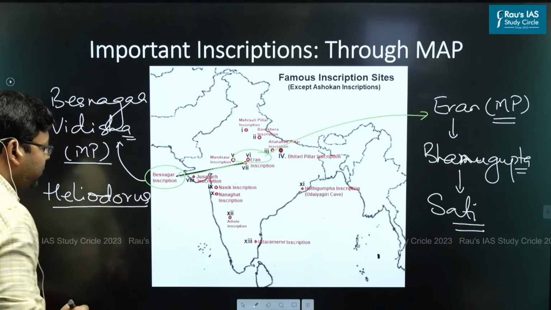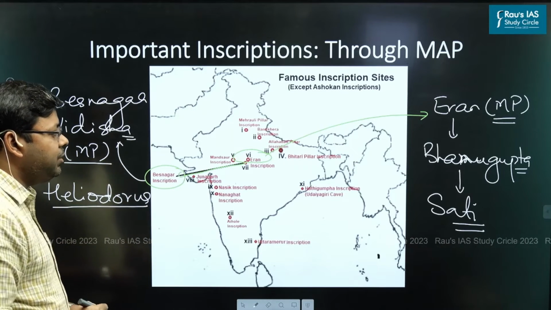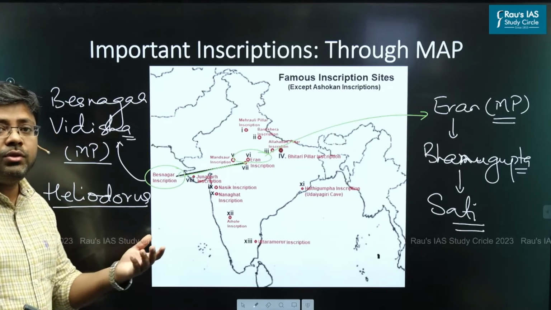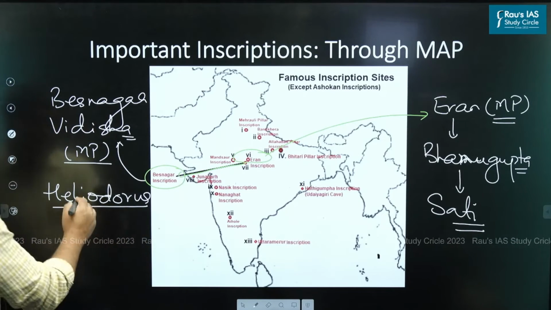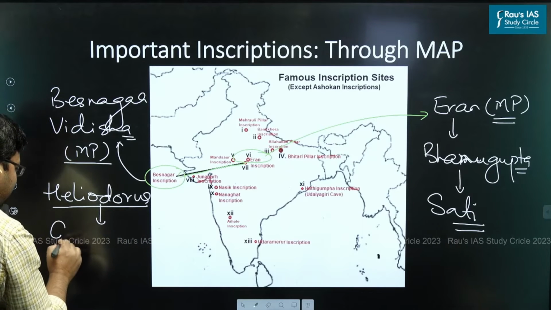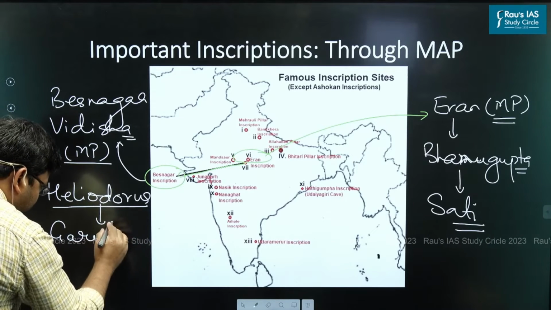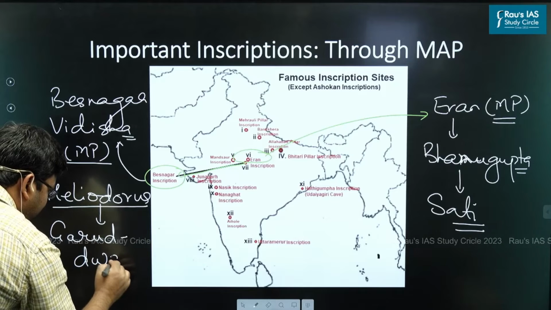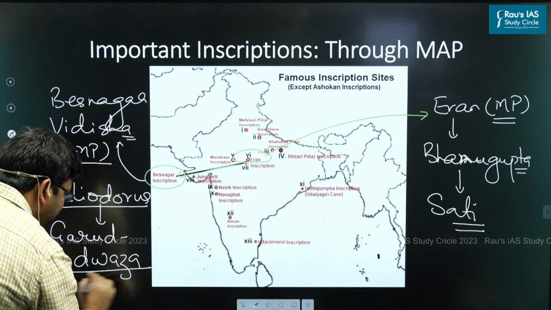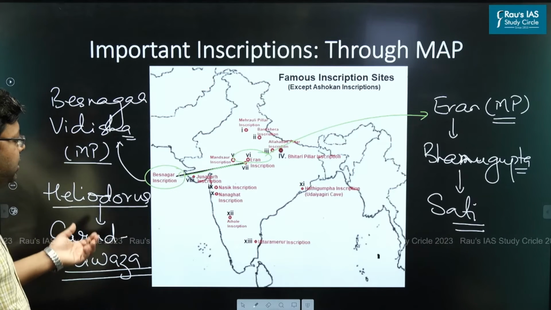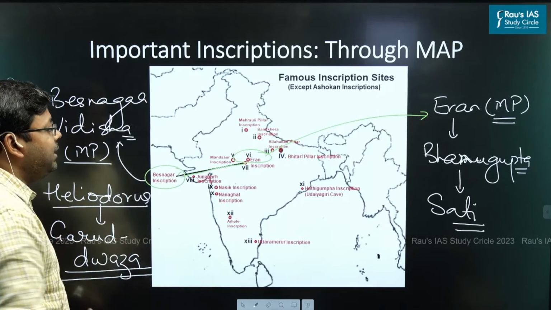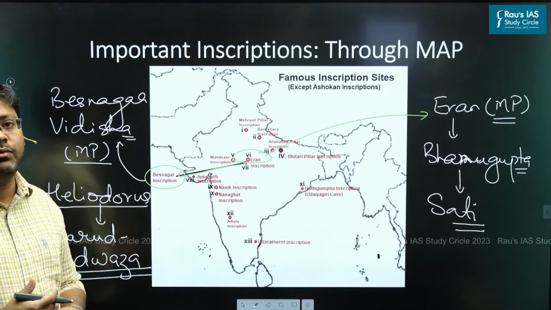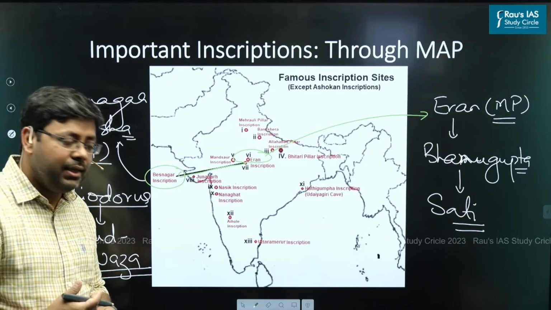Heliodorus was the Indo-Greek ambassador who came to the court of Kasiputra Bhagwat, a Sunga ruler. In Besnagar or Vidisa, he constructed the Garud Dhwaj inscription dedicated to Vishnu, which showed his dedication towards Vaishnavism, and that would also indicate that by this time Vaishnavism was becoming very prominent.